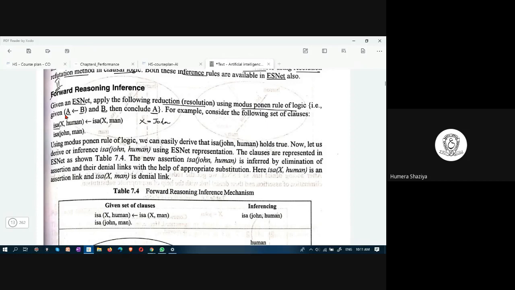Consider x is human as A, and what is B? X is man.